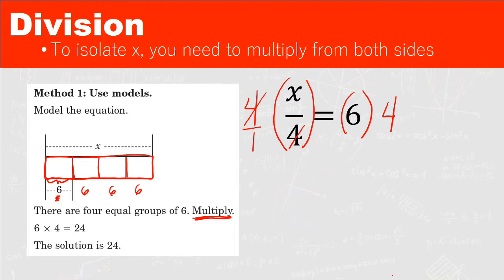The 4 and the 4 simplify both to 1. So now we're left with x on the left side, and then 6 times 4 is 24. So now let's go ahead and check our work here. Always do the check. 24 divided by 4 is going to equal 6, so that checks out.